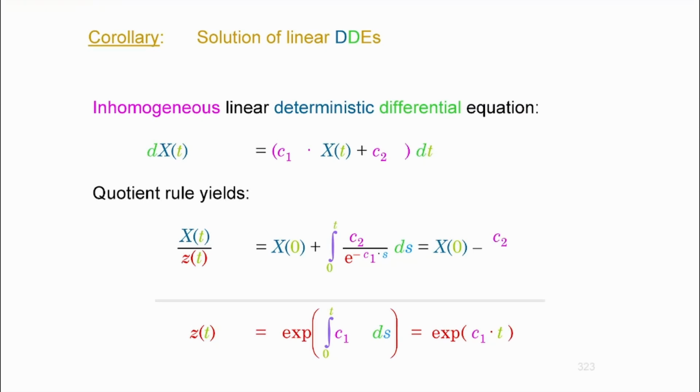And s goes from 0 to t. So negative c2 by c1 times e to the power of negative c1 times t, and then minus 1, because this corresponds to the value of the lower endpoint of the exponential function, which is multiplied by a constant after all, okay? And this is it, guys. This is the solution, as you see.